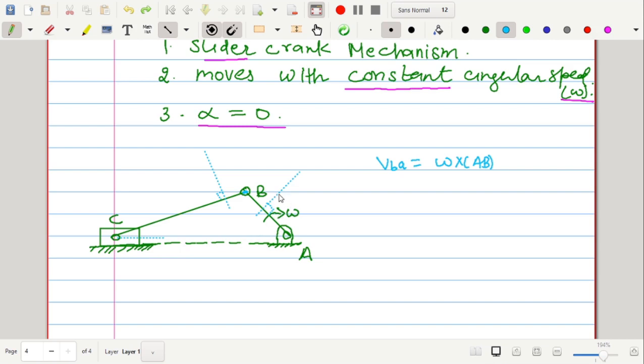So by using these diagrams and the value of the VBA, we can easily draw the velocity triangle.